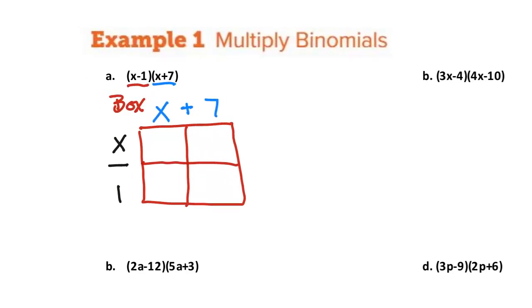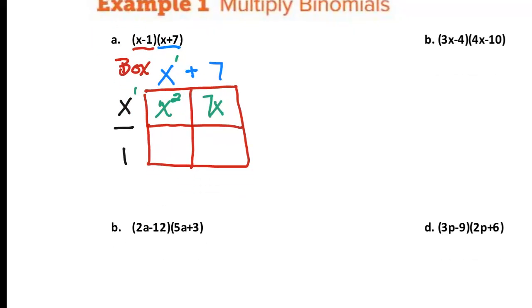All right, so multiplying this first black x times the blue x times x, is going to give you x to the second, because when you multiply powers, you add the exponents. X times 7 is what, class? 7x. Remember, you always put the coefficient first. 1 times x is 1x, and 1 times 7 is 7.